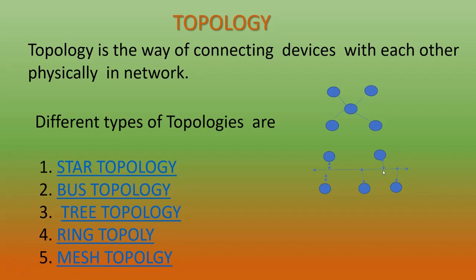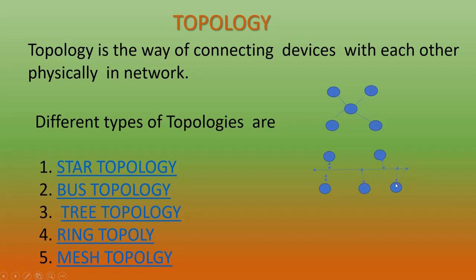From the name itself, you can understand it is a bus. Bus means there is a common cable, and all the nodes are directly connected to the cable. If this particular device wants to send a message to another device, it will send the message to the cable, and this message is transmitted in both directions of the cable.